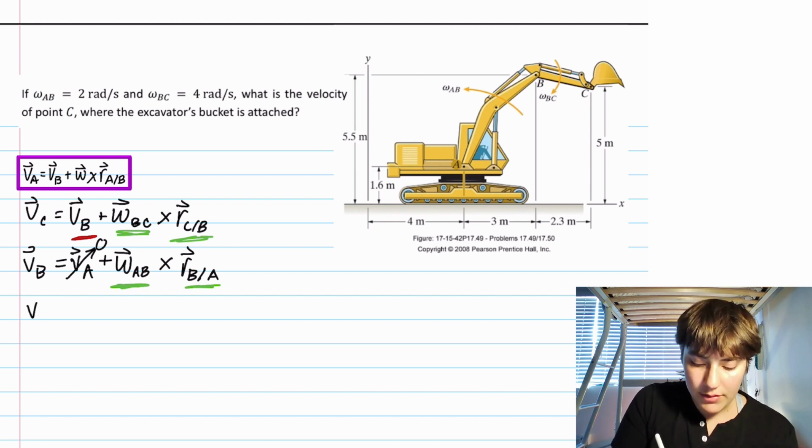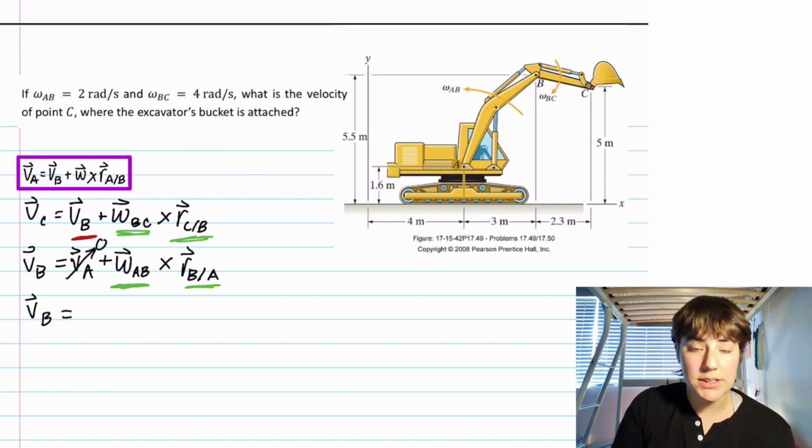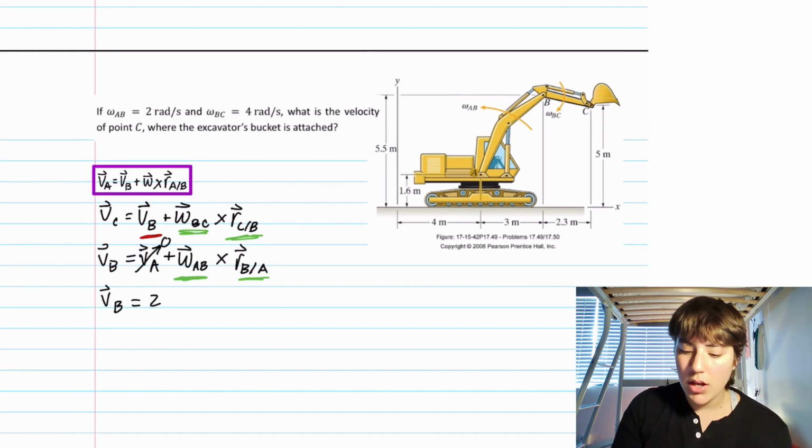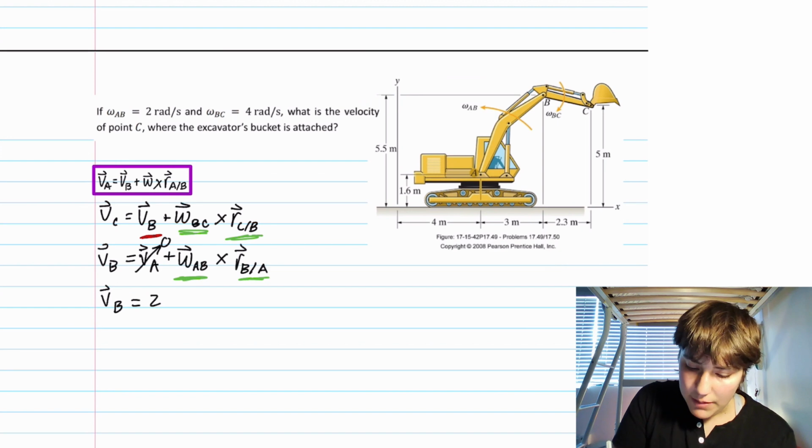So let's solve that. VB equals, well, what's the angular velocity of AB? They gave that to us. It's going to be 2. Let's make sure that it's actually positive and not negative. AB is counterclockwise.